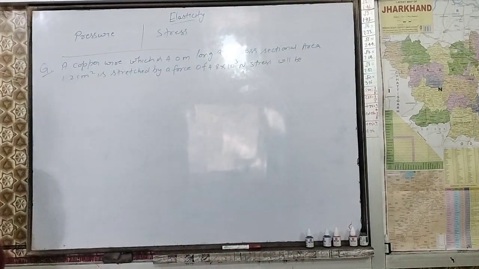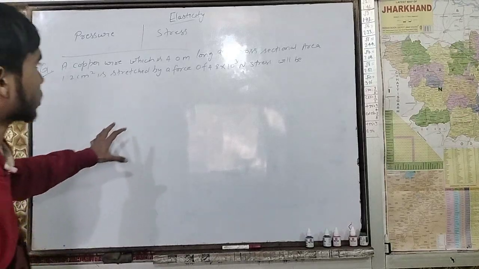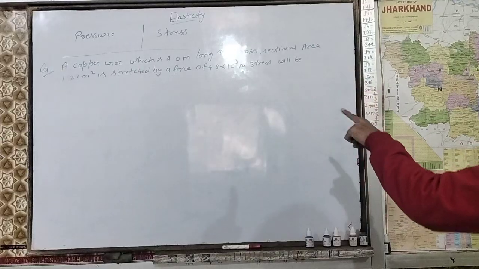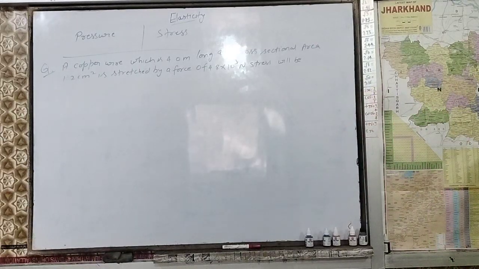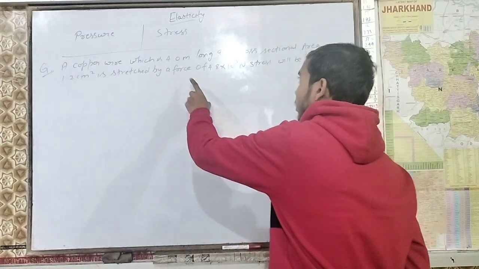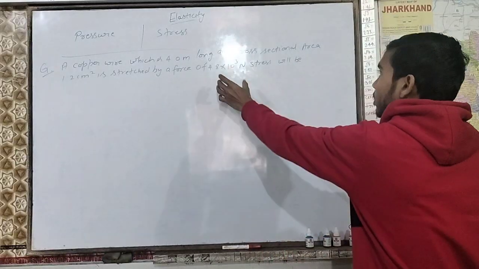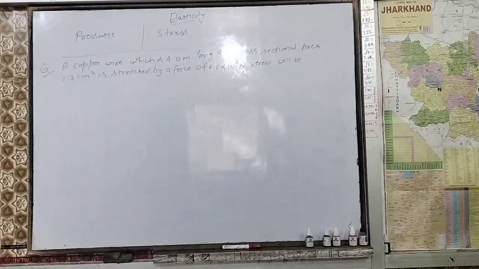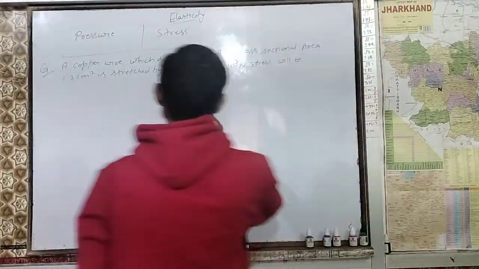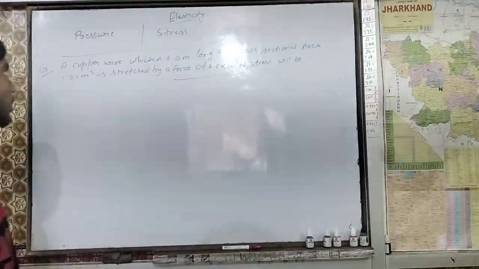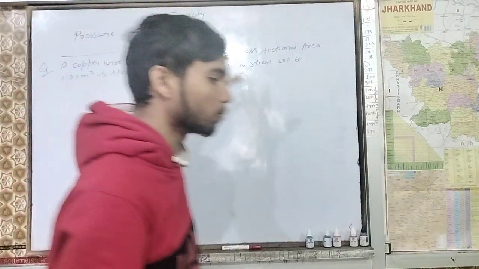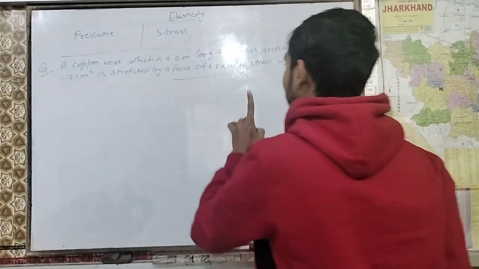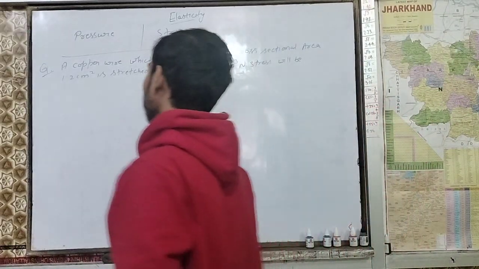This copper wire is stretched by a force of 4.8 multiplied by 10 raised to power 3 N. If this much force is applied on a copper wire whose length is 4 meter and area is 1.2 centimeter square, then what will the stress be?